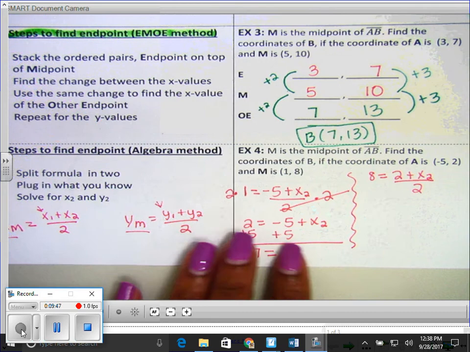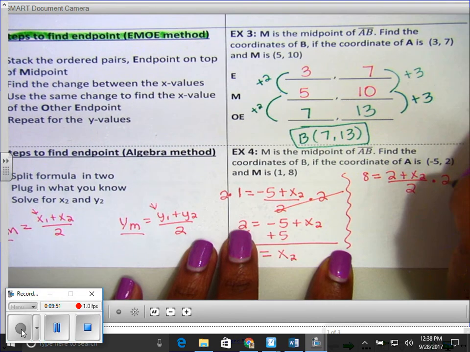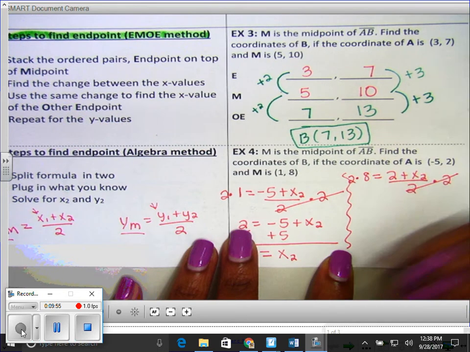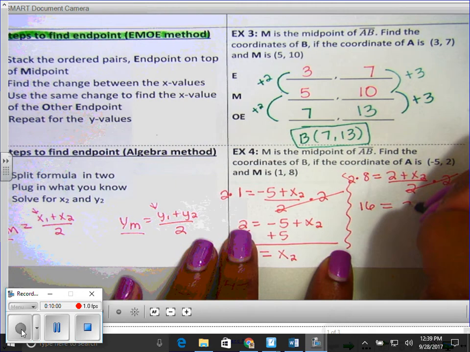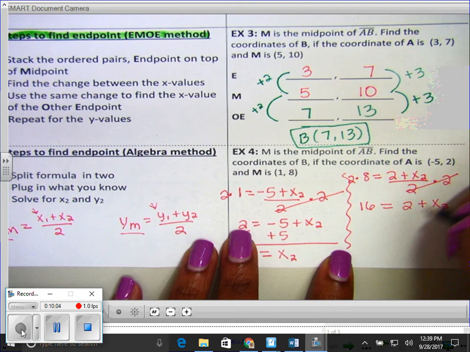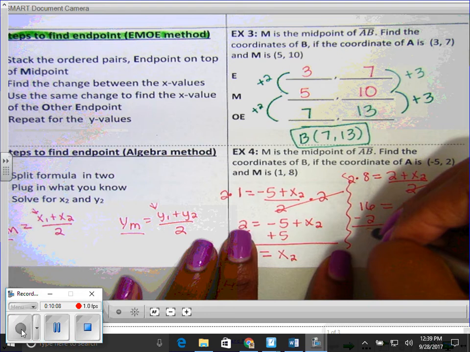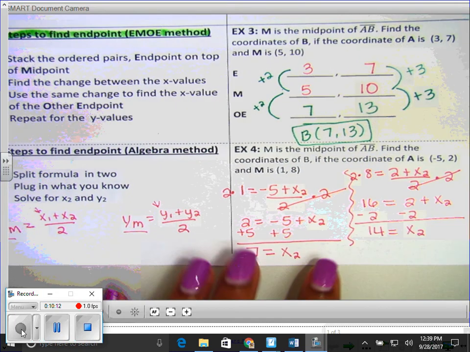And then we're going to multiply both sides by 2, because we want to clear out the 2 in the denominator. So this is 16 is equal to 2 plus y2. And then we're going to subtract 2 from both sides. And then we get 14 equals y2.